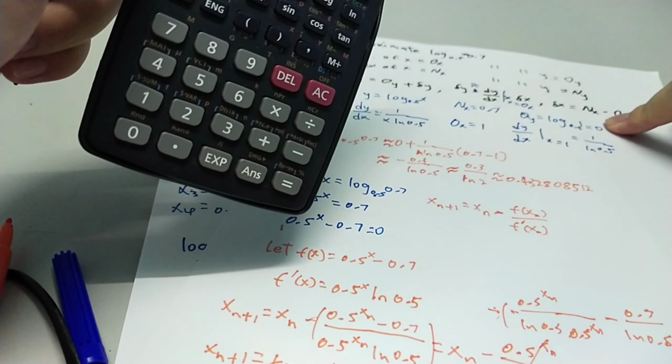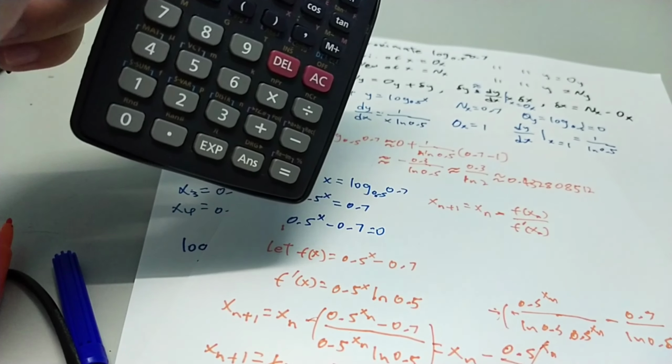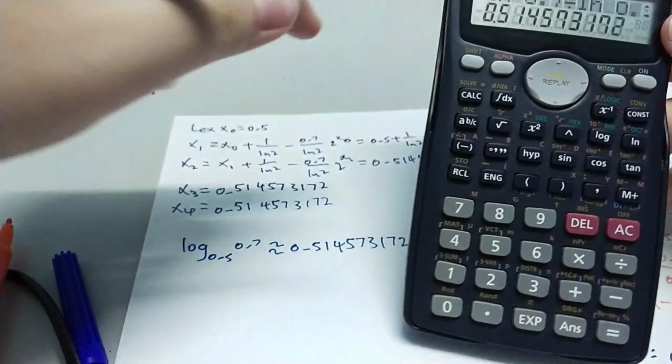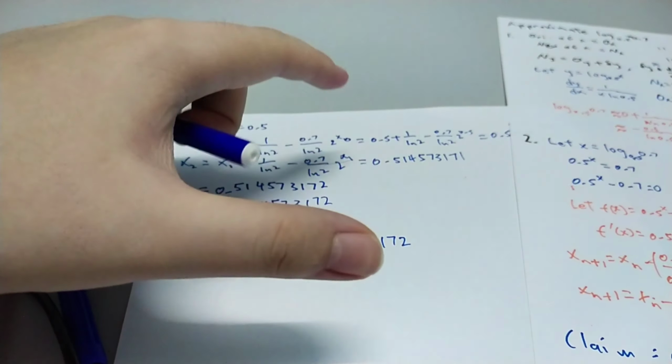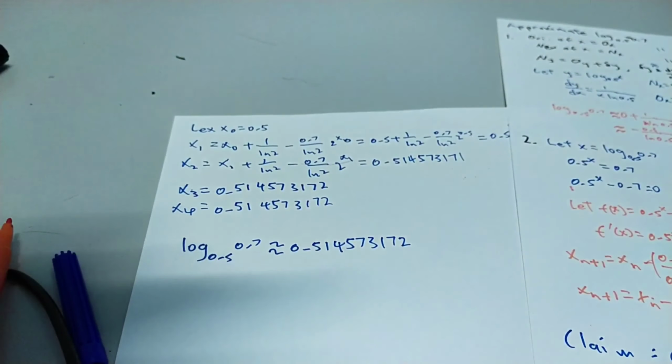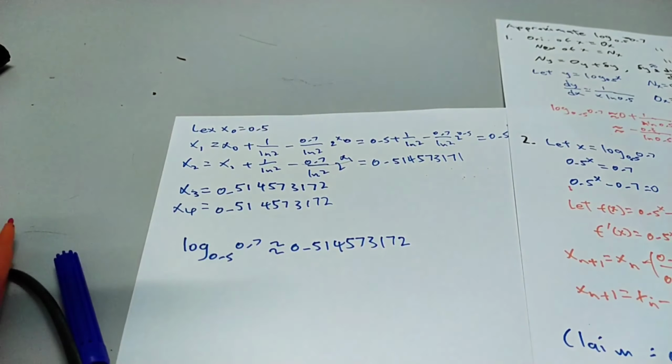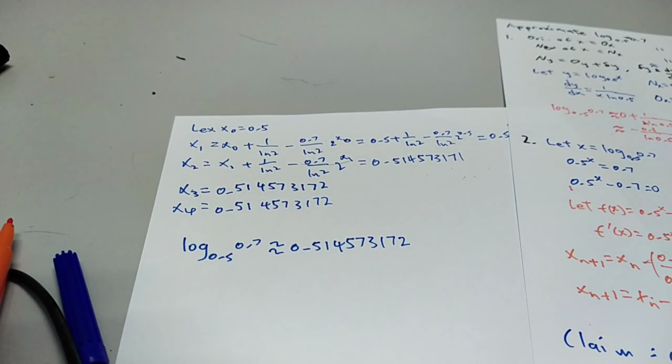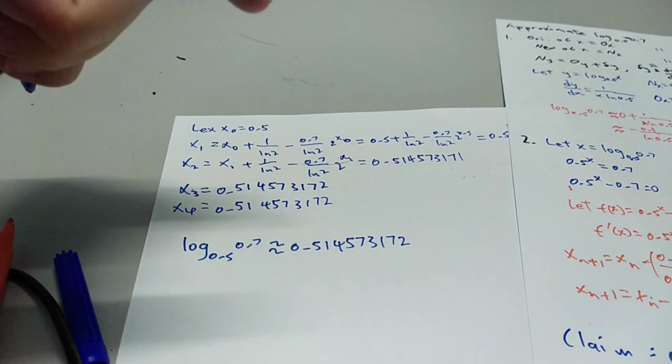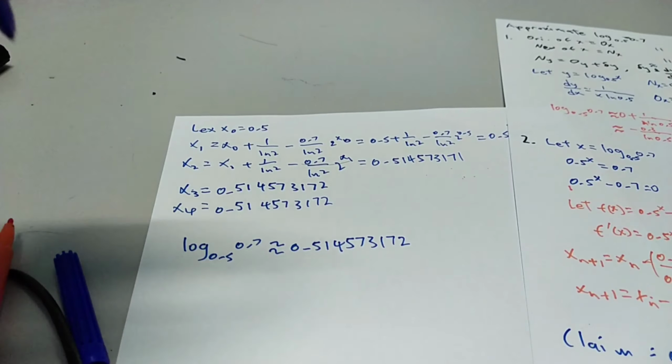So we have already shown that the Newton-Raphson method could be the most effective method to approximate a value which is represented in the exact form.